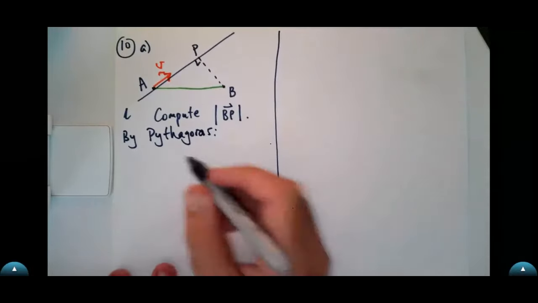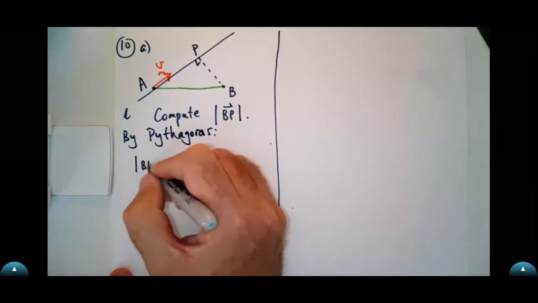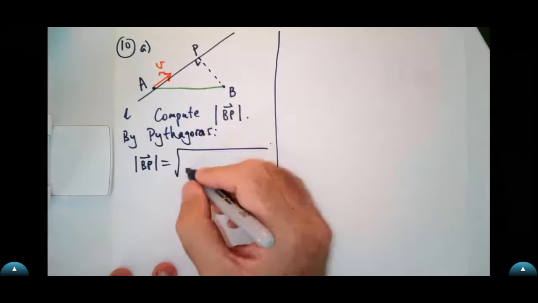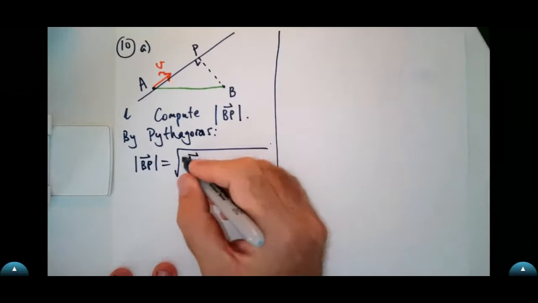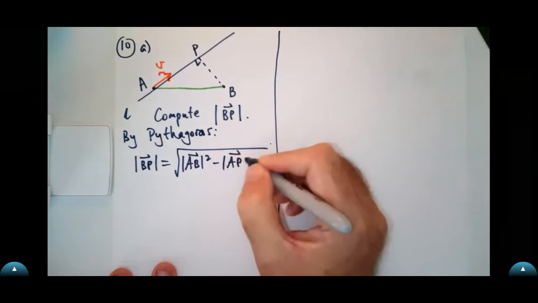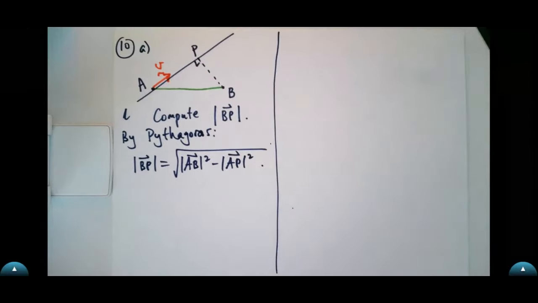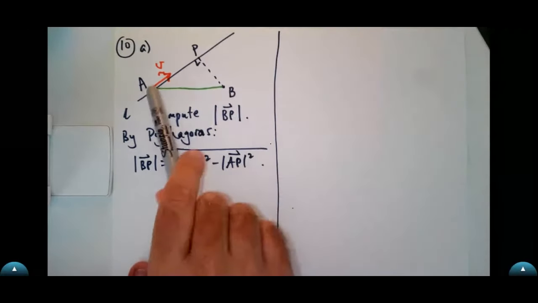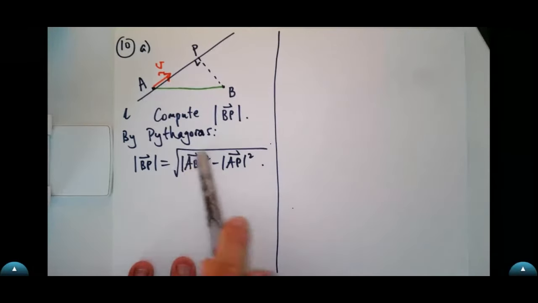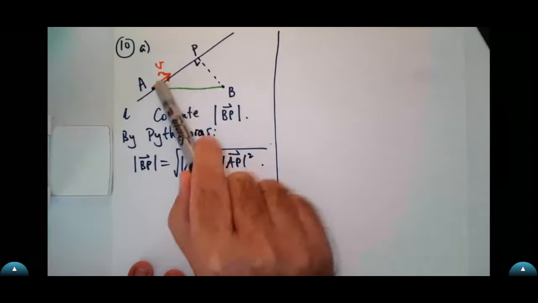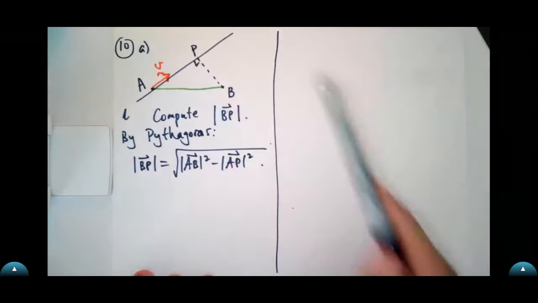Okay, you know that this length is this. Okay, so pretty easy so far. We know Pythagoras from high school maths. We know what B is from the question. We know what A is from the question. So this is easy to calculate. The only thing that's not easy to calculate is the vector AP, because we don't know what P is.